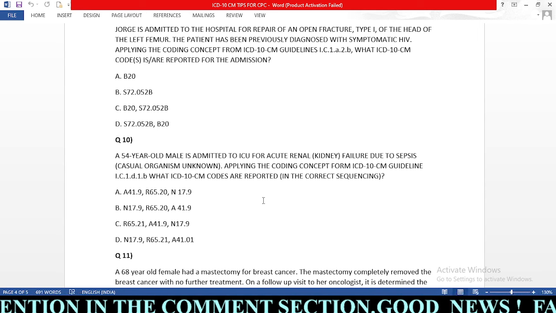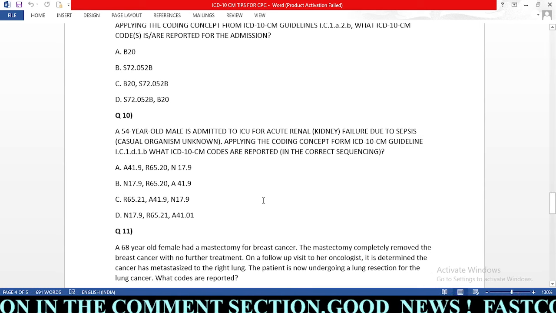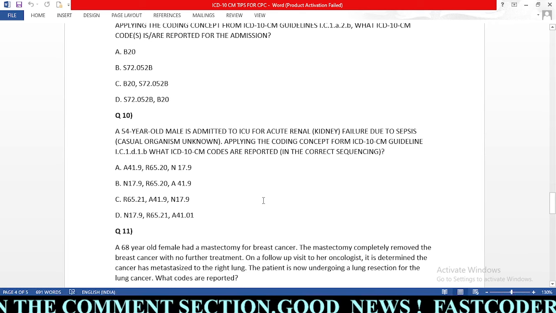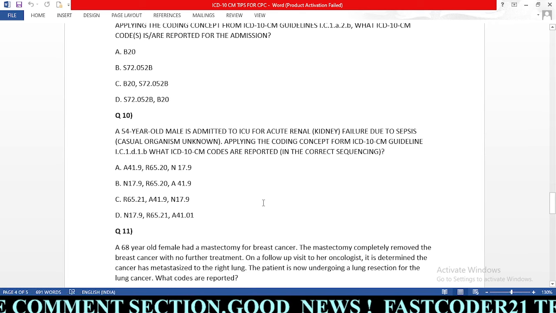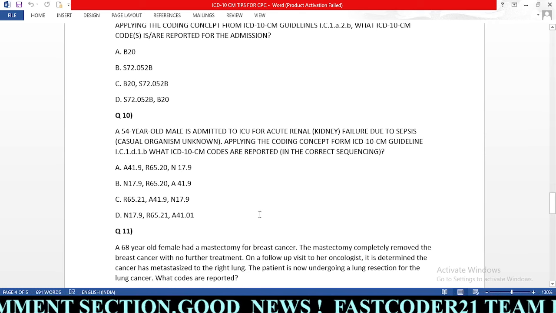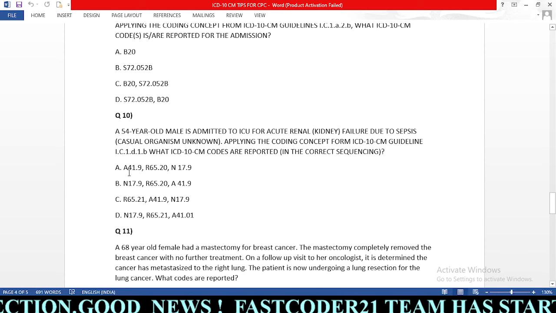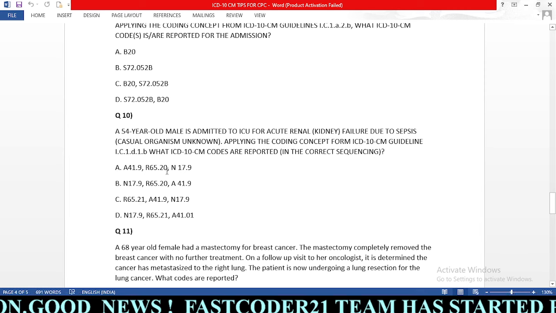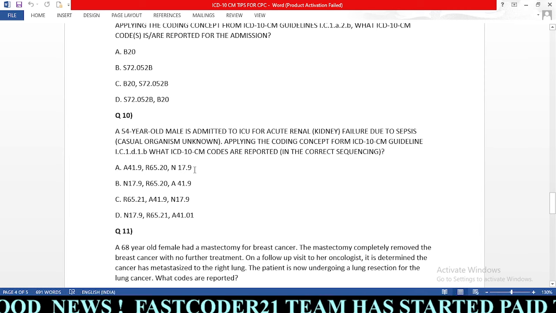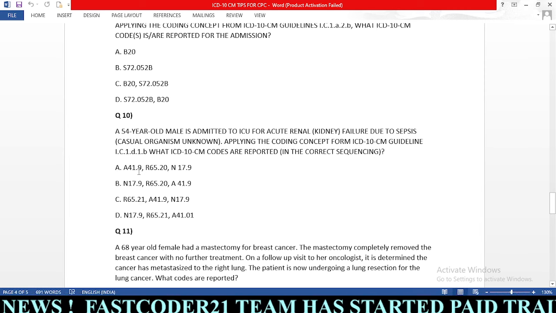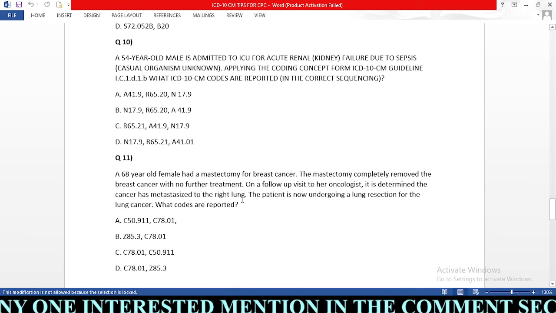So as the patient has renal failure due to sepsis, we need to code sepsis as the PDX and all the remaining as secondary diagnoses. So based on our guidelines, A41.9, R65.20 and N17.9 is the answer, which is A.